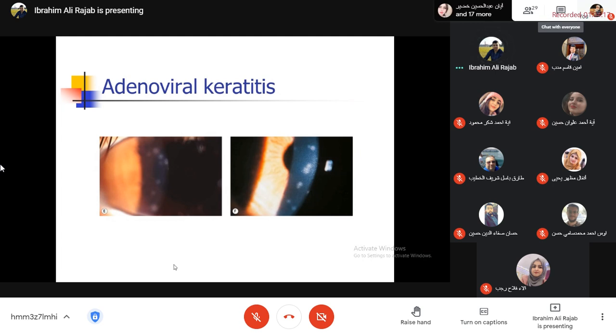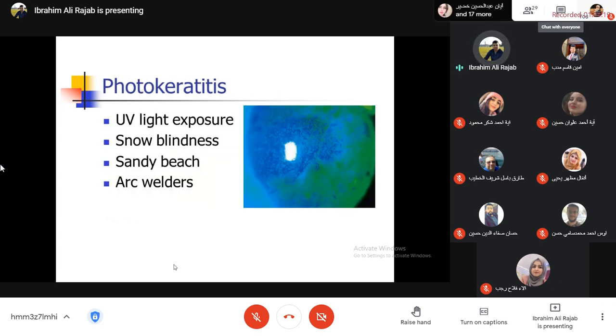Okay? Another cause of keratitis may be exposure to ultraviolet light, such as when the patient sees arc welders, I mean looks at those who weld.